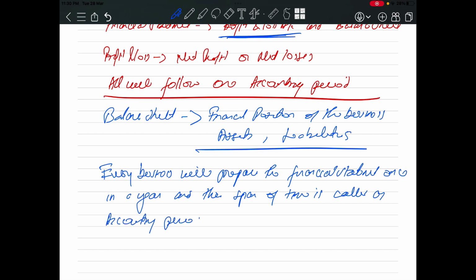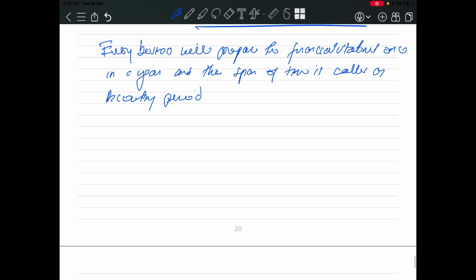Now in class 11, the accounting period which you normally follow when you solve questions is 1st Jan to 31st December, right? We also call this calendar year.